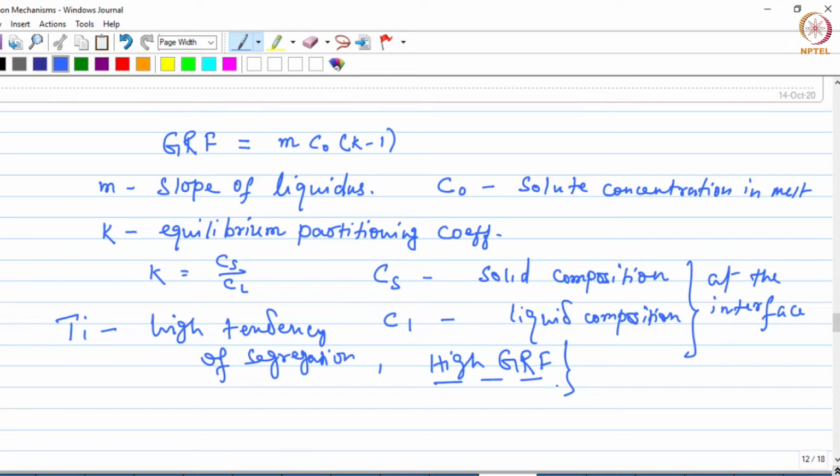So if you look at the values of GRF at the peritectic composition, for titanium it is 31.